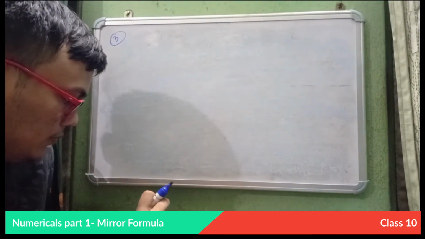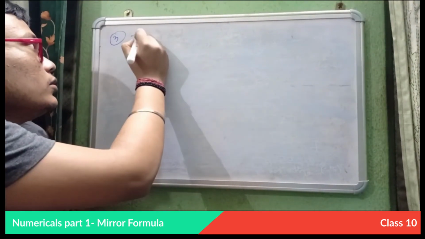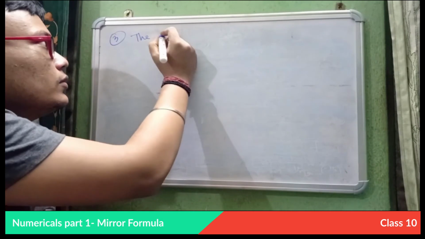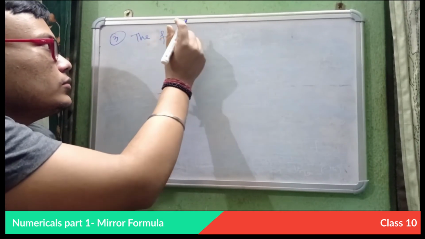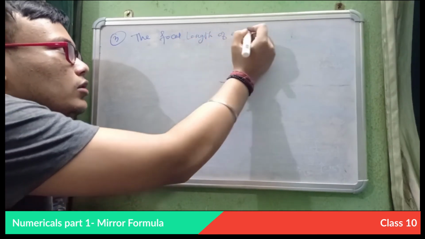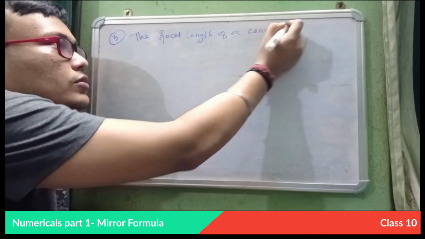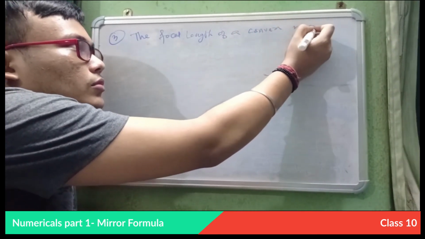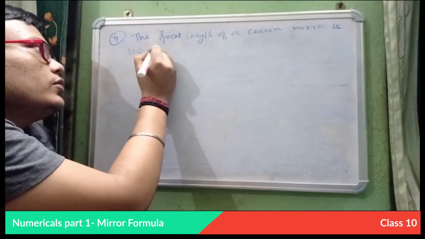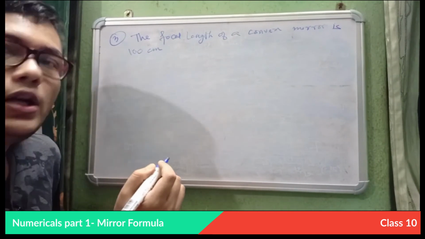The focal length of a convex mirror is 100 centimeters. Focal length is given as 100, okay?